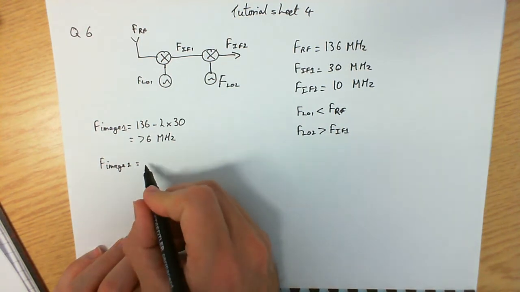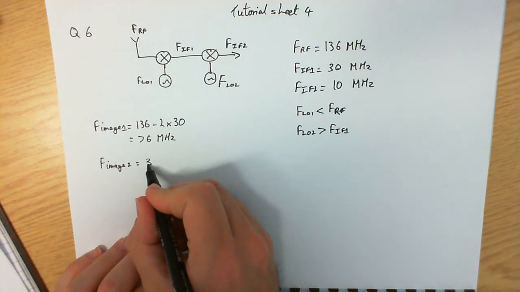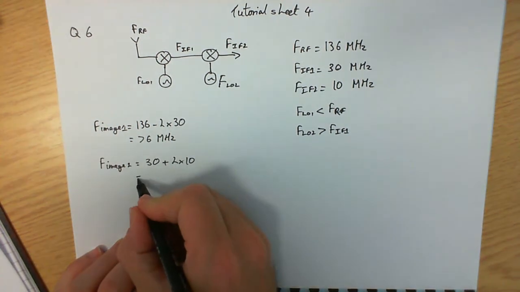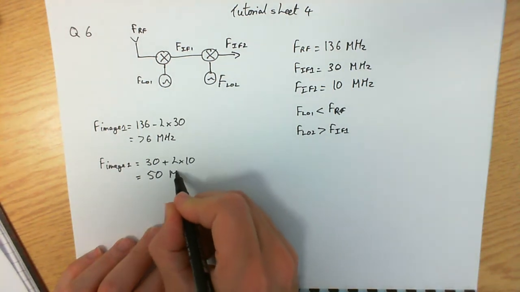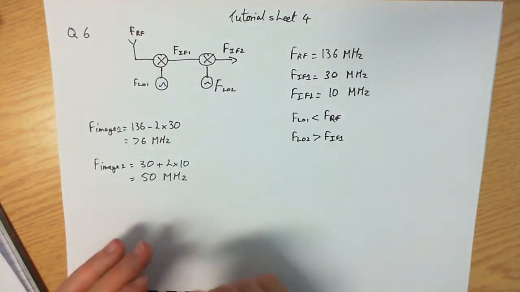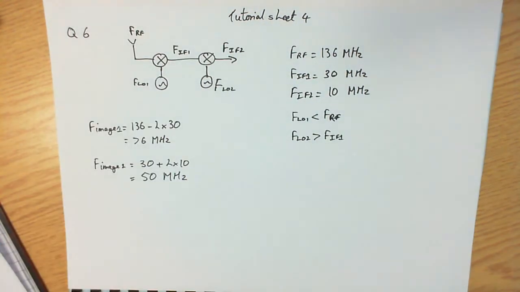So the second image frequency is going to be 30 plus 2 times 10, which is equal to 50 megahertz. So these are our two image frequencies, the first one for the first stage, the next one for the second stage.